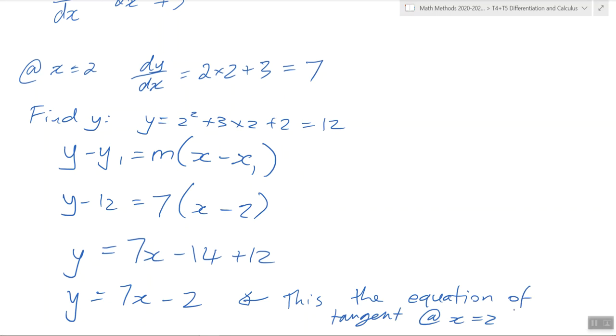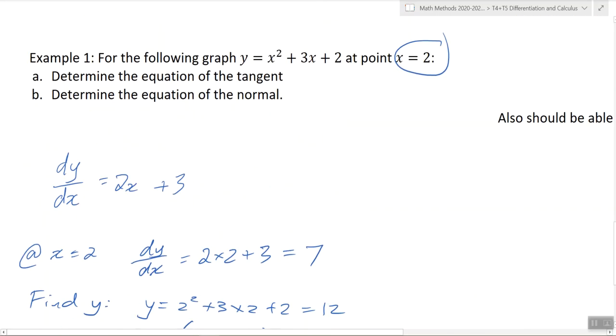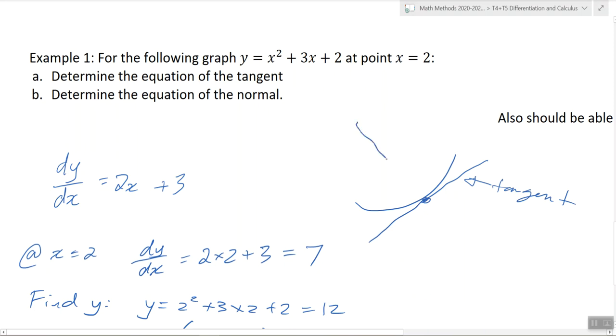Not too tricky. There's another thing we can do with all of that information. We can find this thing called the normal. So if this is the tangent, the normal is a thing that's exactly 90 degrees to that line. Okay?